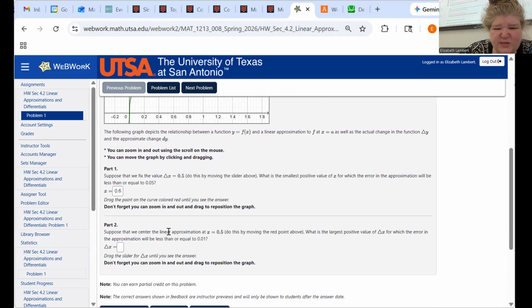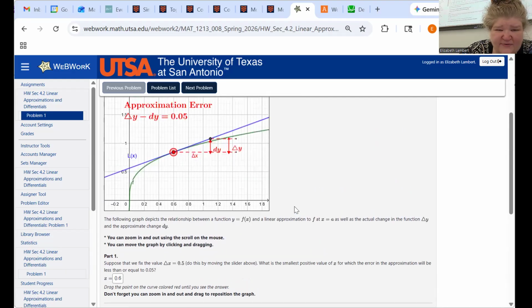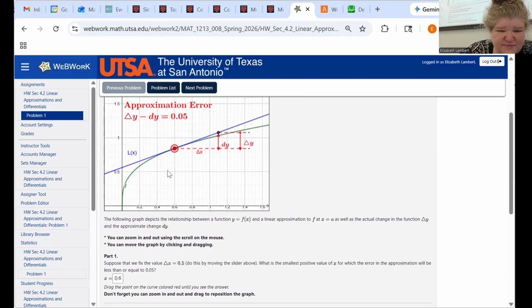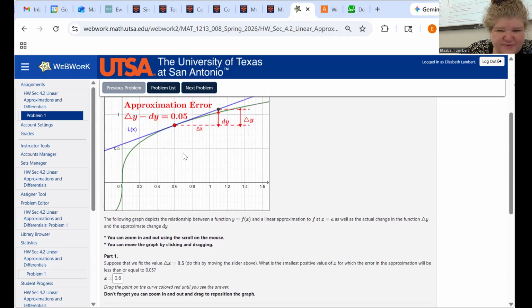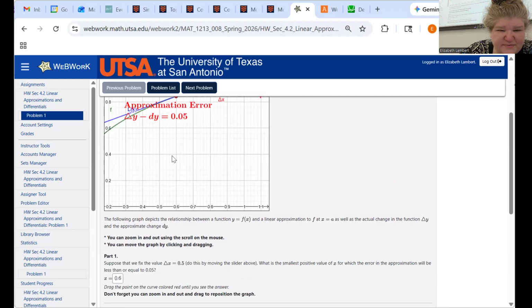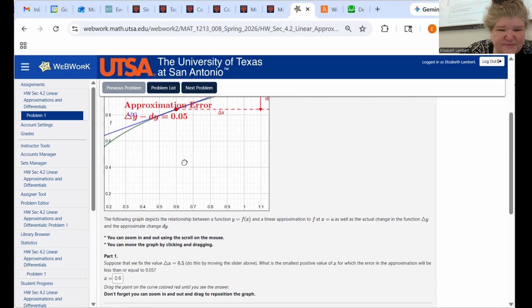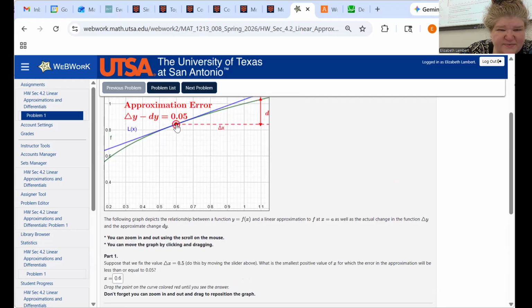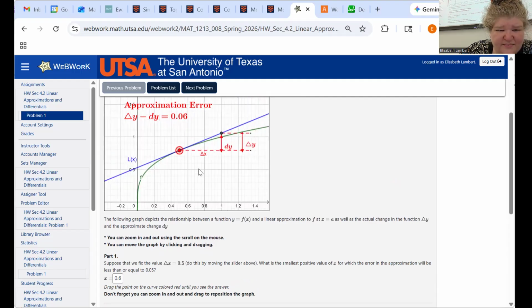Now it says, suppose we center the linear approximation at x equals 0.5. So we're going to move the red point there. Now it's on 0.5.